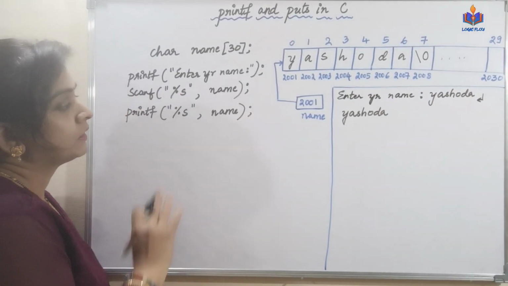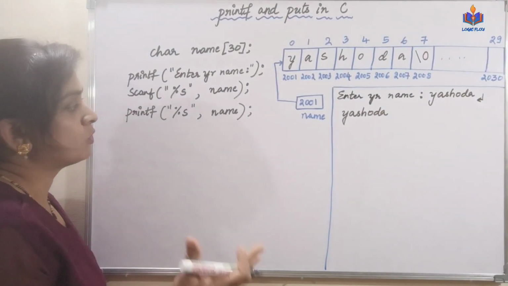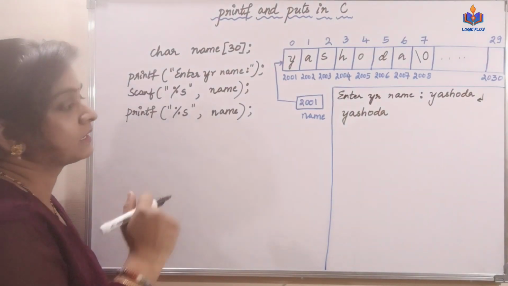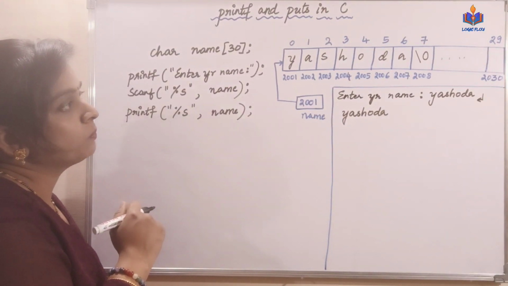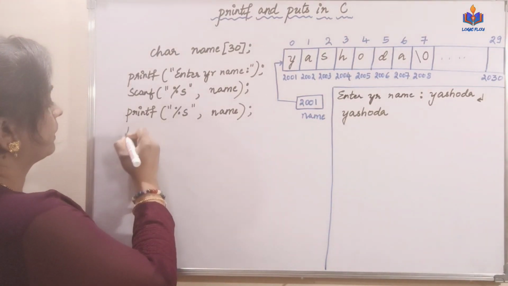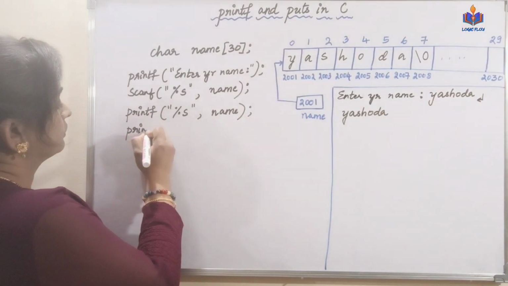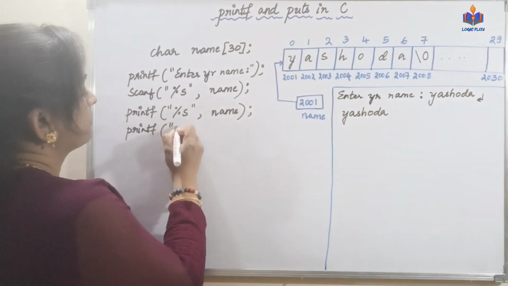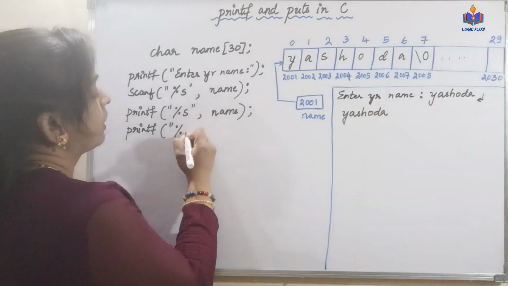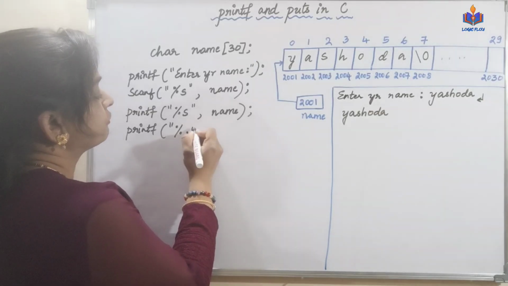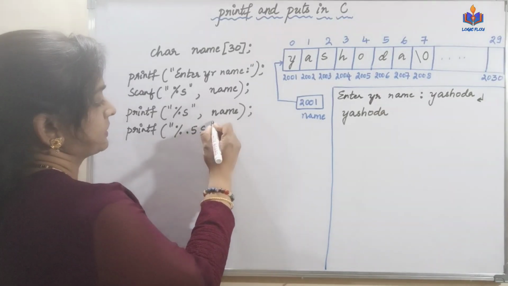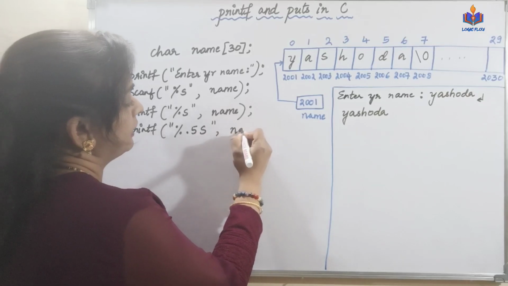Now, there are some other ways also to print this character. So what I'll do, I'll say printf %.5s, then name.